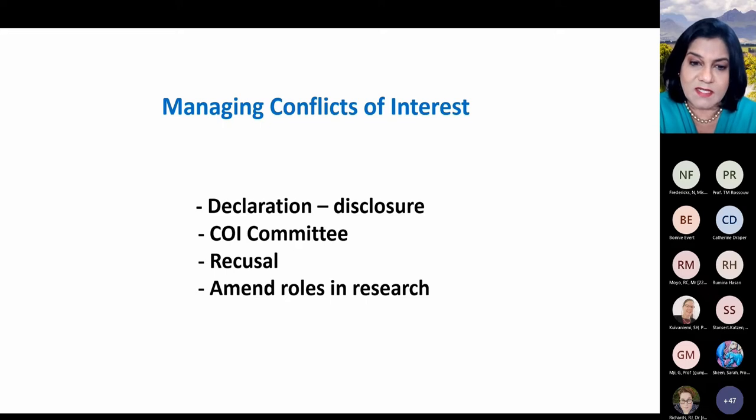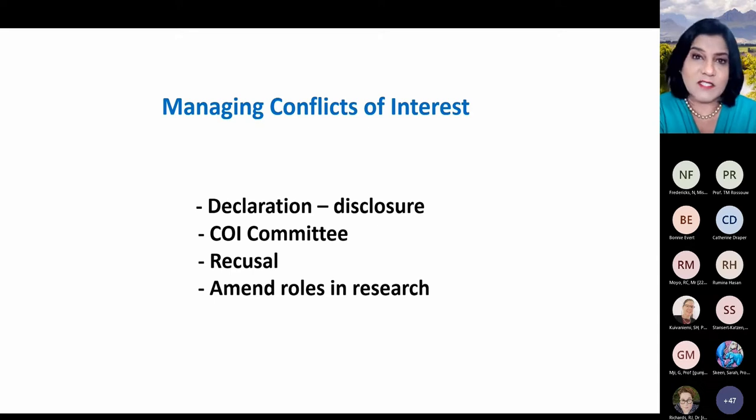Some institutions set up specific conflict of interest committees that interrogate issues where conflicts arise or have the potential to arise. And that is an ideal situation, when an institution can invest sufficient funding and resources into something as specific as a conflict of interest committee.